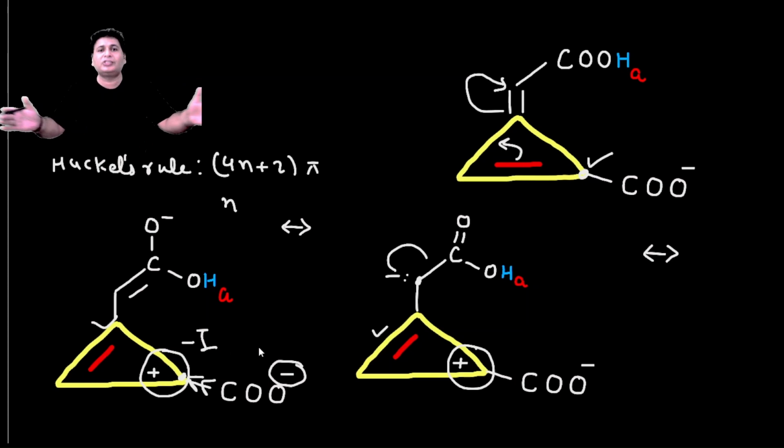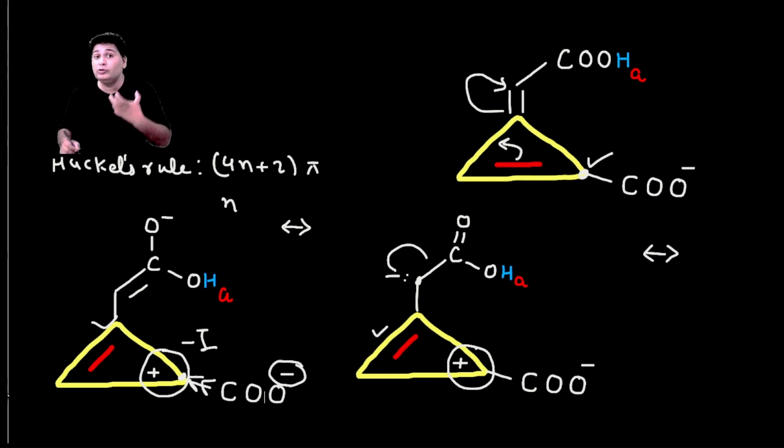You are spreading the charge, dispersing the charge, and dispersal of charge is a very good thing for the stability of the charged species. And that is how you come to the conclusion that removal of hydrogen number A gives you a better alternative, an anion with the nearest carbon bearing the positive charge, and the system is stable altogether because of all the things I have shown: that minus is taken care of, and this ring which gets the plus charge is aromatic in character.